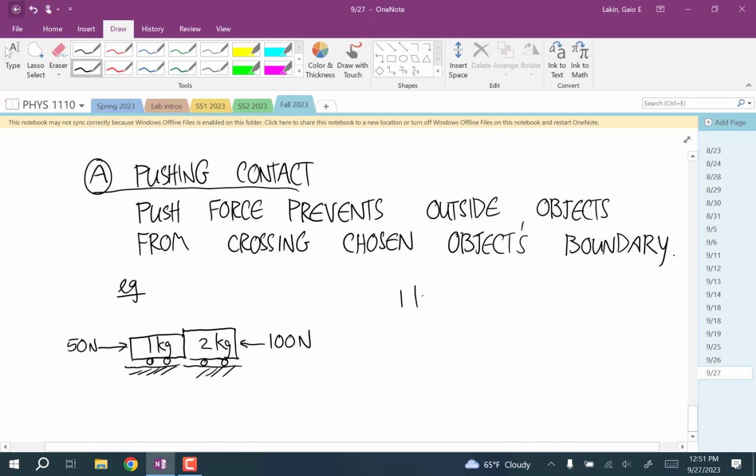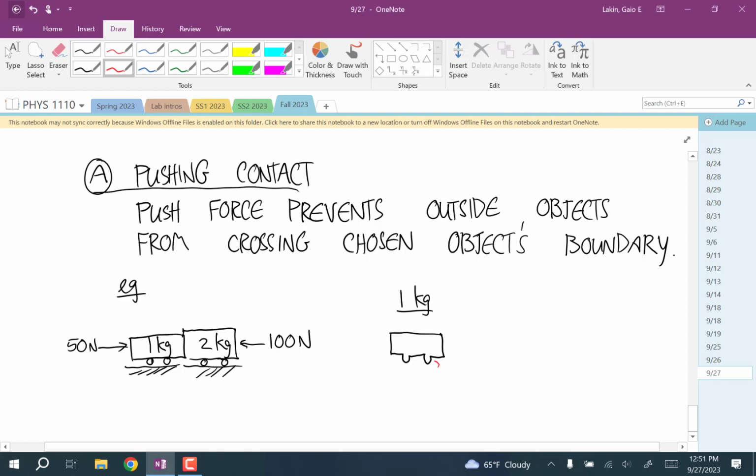So for the 1 kilogram cart, there's a pushing force applied by the ground that's keeping the object from sinking into the ground.